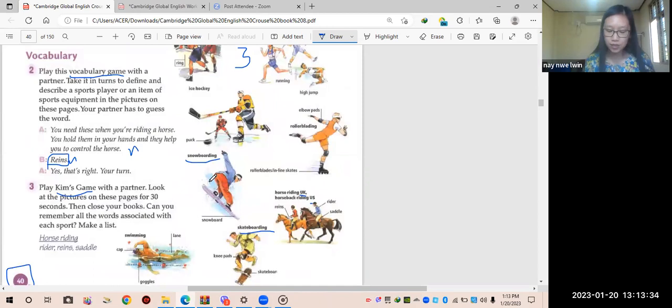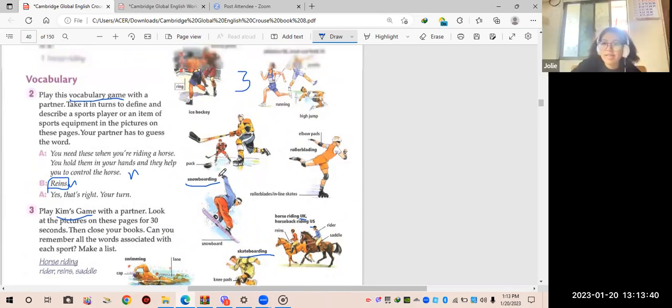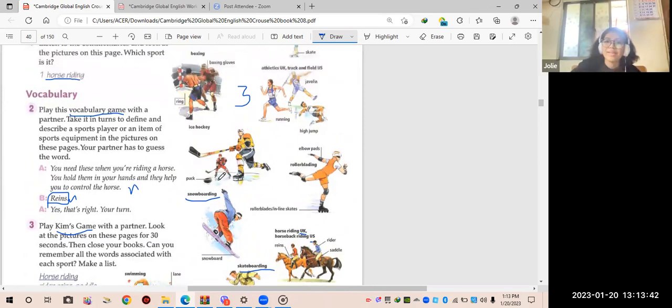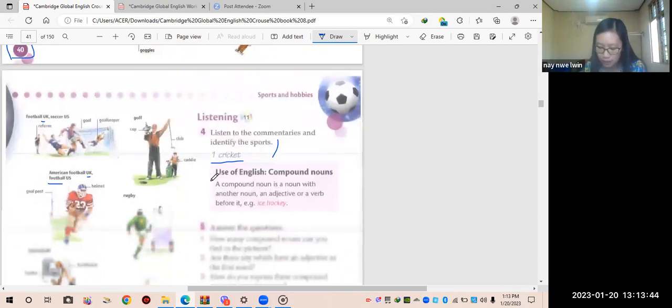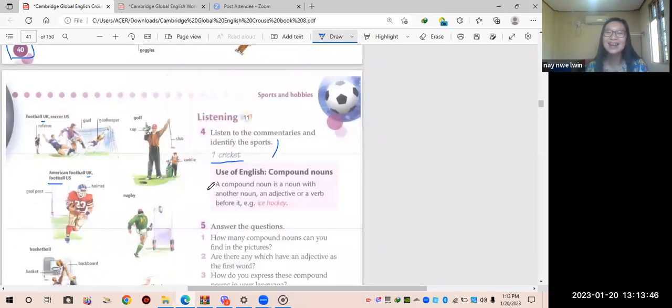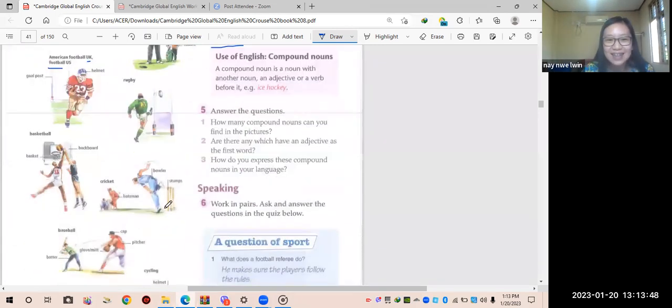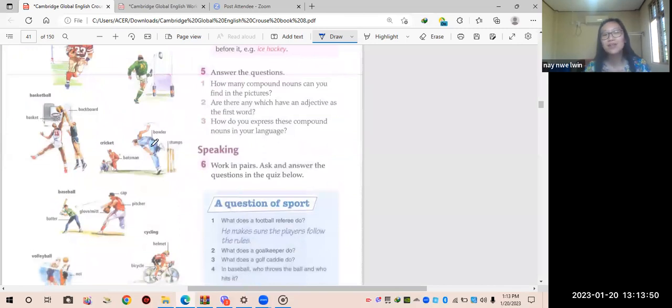This time too, you have to pay attention to all the vocabulary associated with each particular sport. Only page 40 and 41, 2 pages. Whenever I name a game, you have to give me the vocabulary, like batsman, bowler, stumps.